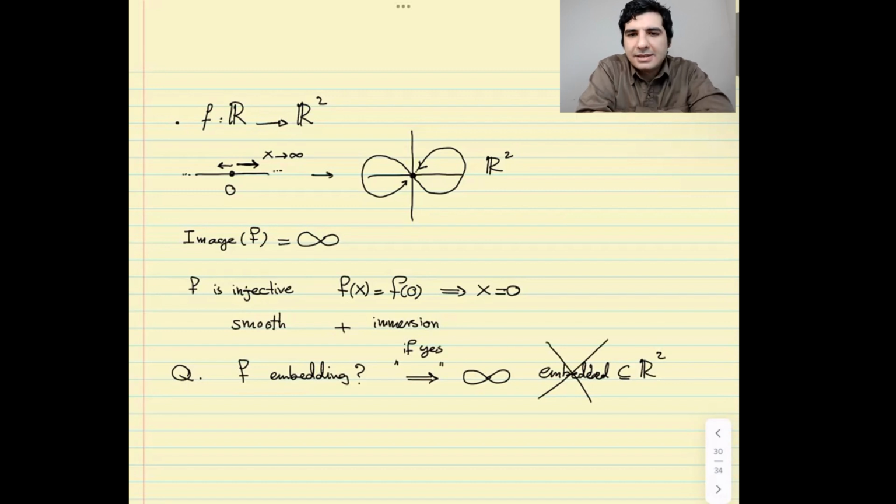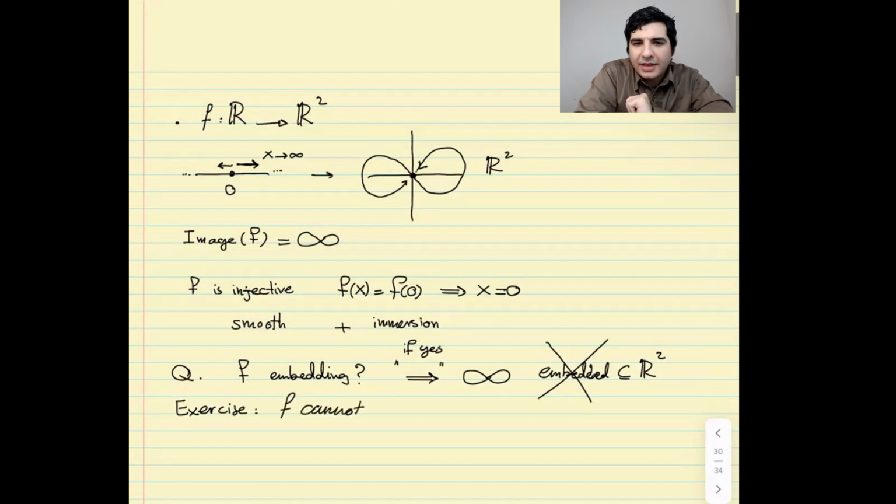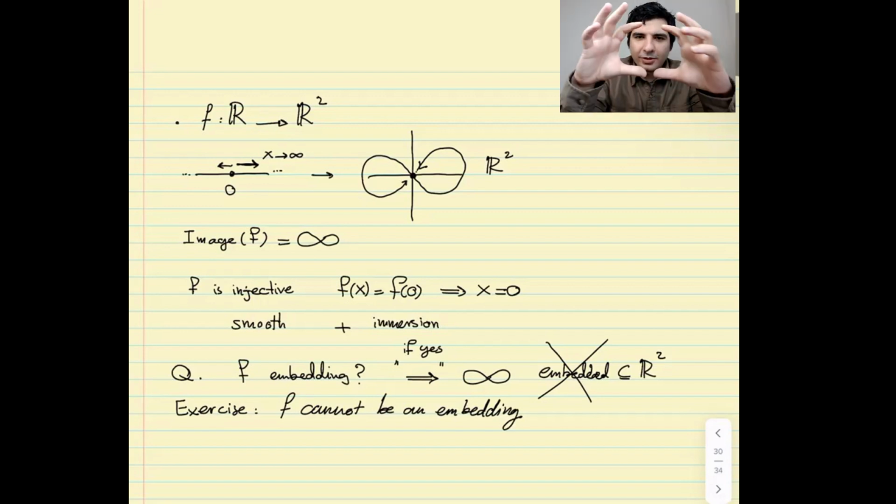You can see that easily by looking at the point at 0, the intersection point. If you really zoom in, the neighborhood of that point looks like a cross. It doesn't look like a subset of R inside R2, right? If you get a very small open neighborhood around the origin, it does not look like the model R inside R2.